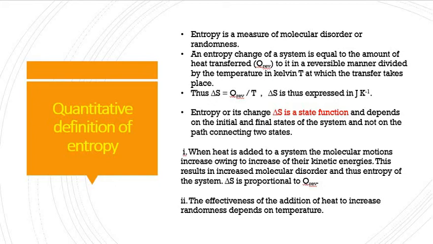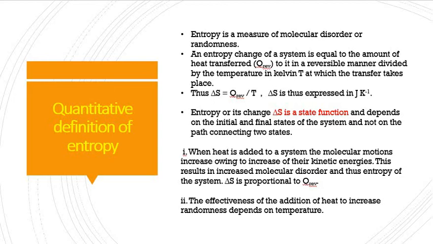If heat is added to the system, the molecular motion increases owing to the increase of kinetic energies. This results in increased molecular disorder, so the entropy of the system will also increase. So delta S is proportional to Q reversible. The effectiveness of the addition of heat in increasing randomness depends upon the temperature.